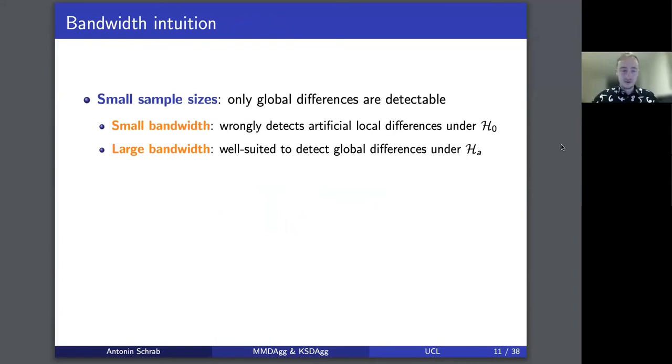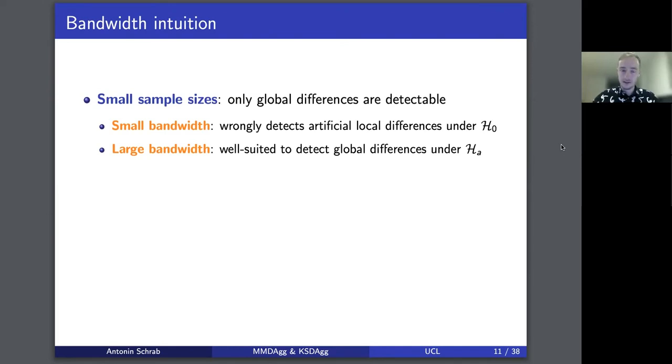So I hope I've illustrated that the choice of bandwidth is important, but we can summarize it like this. If we have some small sample size, then an MMD test is only going to be able to detect some global differences. So for small sample size, if we have a bandwidth that's too small, then we'll wrongly detect artificial local differences under the null hypothesis.